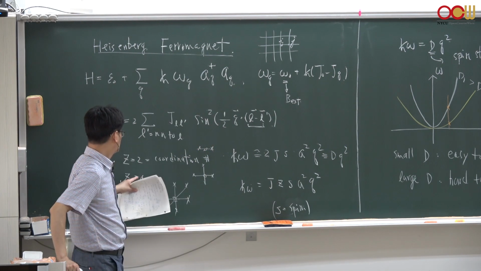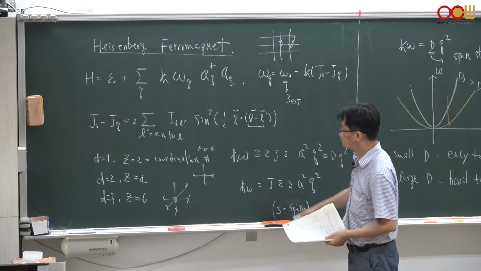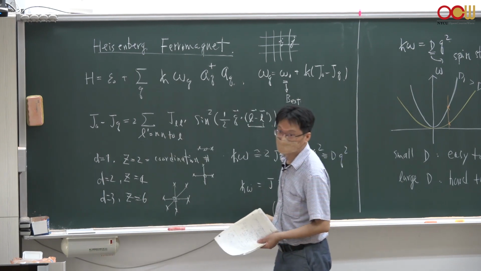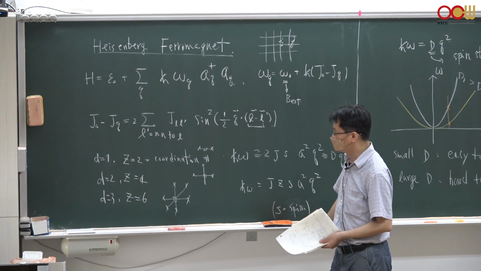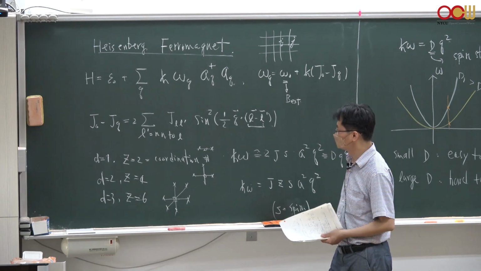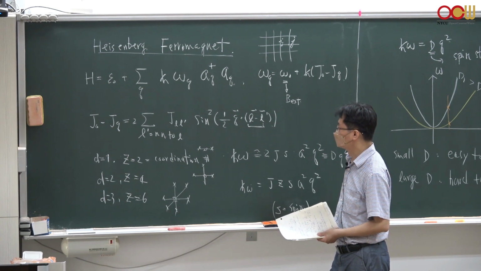And we could just work things out by using the different lattice structures in different spatial dimensions to really work out this summation over nearest neighbor L prime.